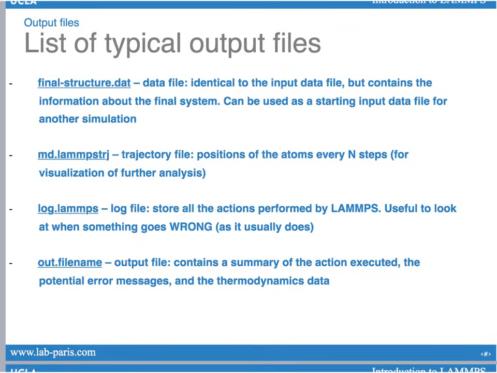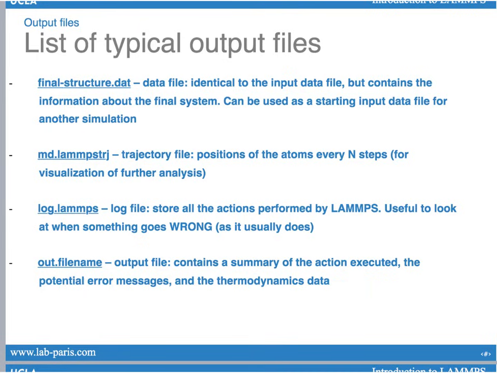So the main output file is going to be a file that contains a summary of all the actions that are executed by LAMMPS. For example, if you request LAMMPS to perform an energy minimization, then a molecular dynamics in the NVT ensemble, then a molecular dynamics in the NPT ensemble, then LAMMPS will give you a summary of everything that it does.